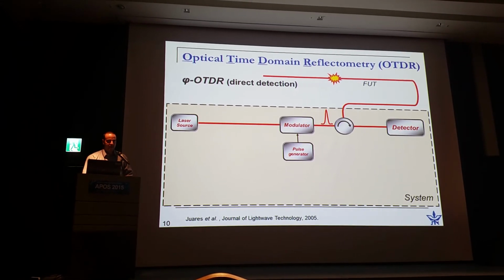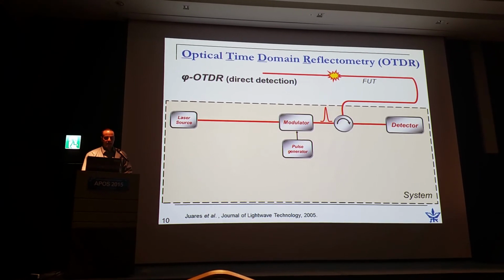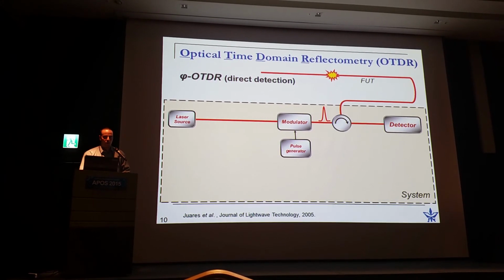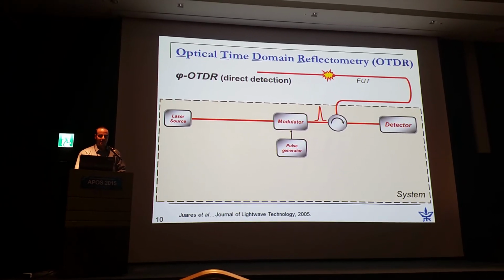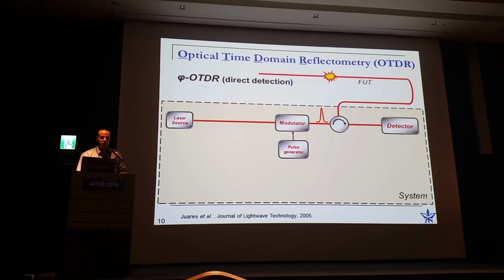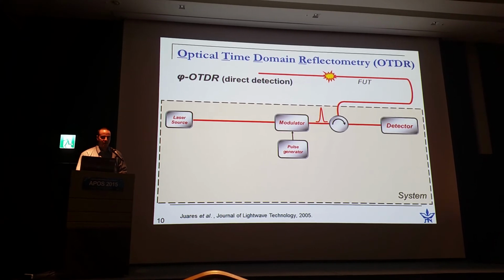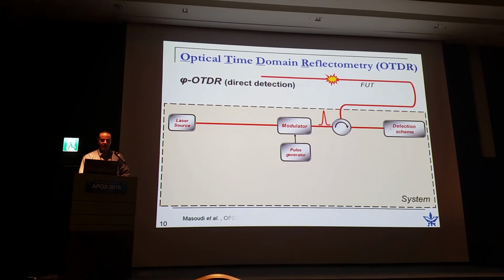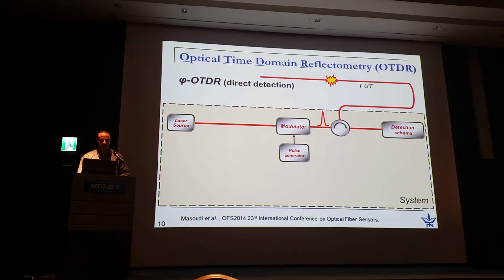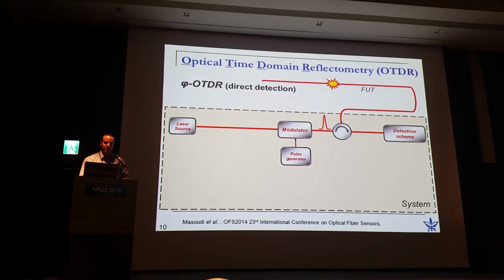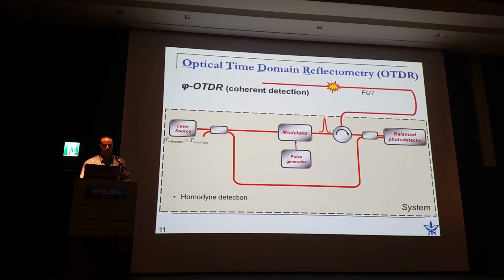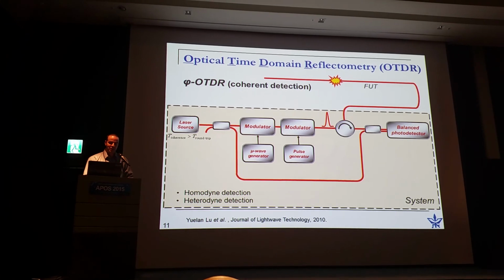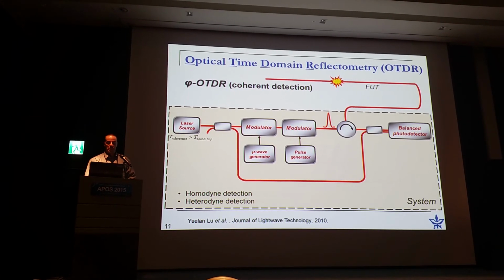An alternative method is phase-insensitive OTDR, which does not directly measure strain or temperature, but measures the change in the Rayleigh reflected amplitude. Of course, some authors use a detection scheme to interfere signals from different areas of the fiber. Some authors use homodyne detection, some use heterodyne detection for increasing the SNR.